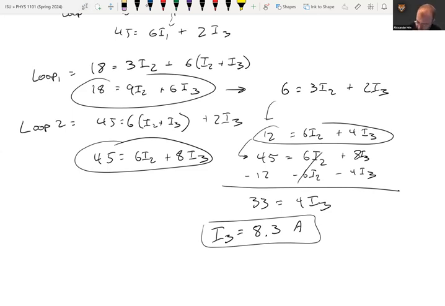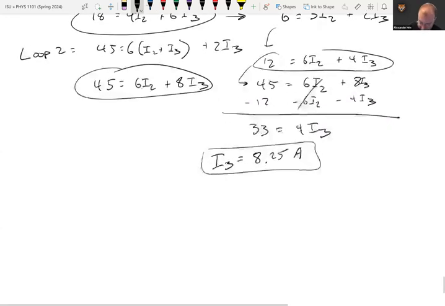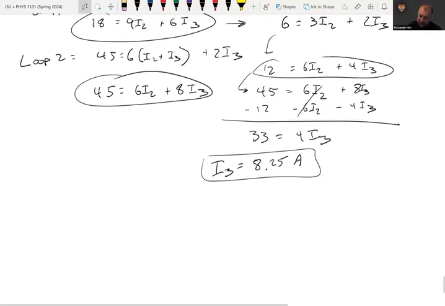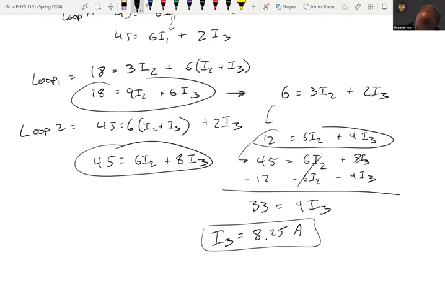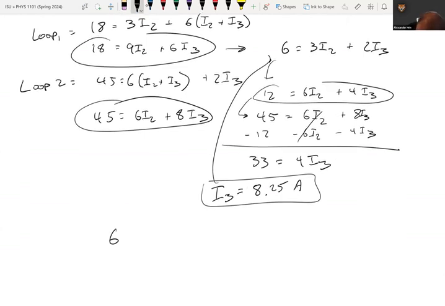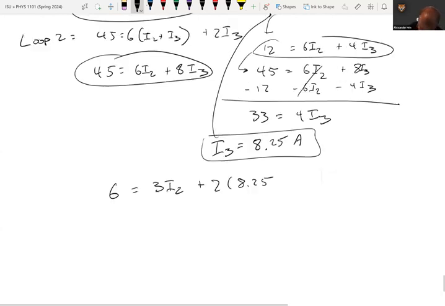So yeah, I rounded, but it would have been 8.25 amps, not 8.3 amps. So I'll leave it there. Okay, so now I'm going to go back and use this to find I2. So we have 6 equals 3 I2 plus 2 times 8.25.